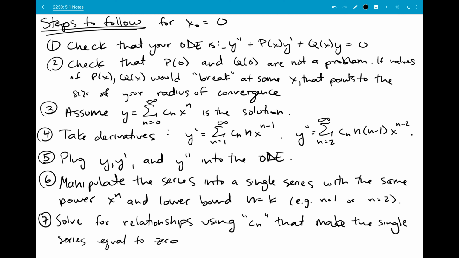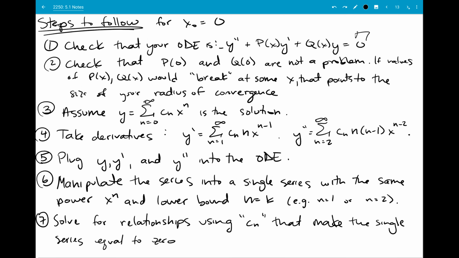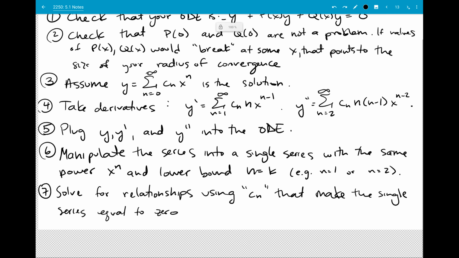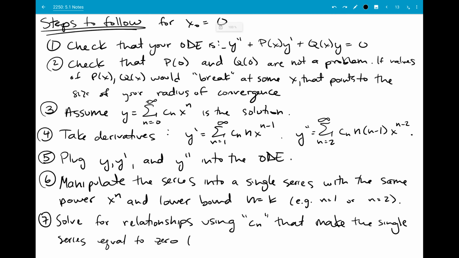So making that single series equal to 0, because when you plug everything in here and combine it into one term, it is going to be equal to 0. So basically that means everything attached to x to the n is 0.